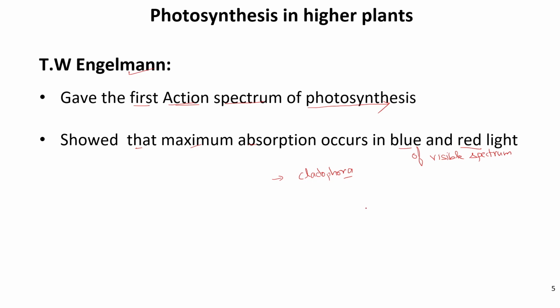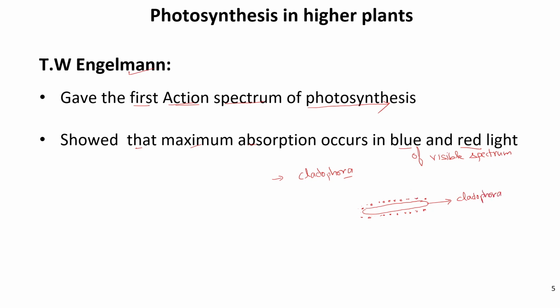So what did he do? He kept this Cladophora in the suspension of aerobic bacteria. So here all around aerobic bacteria was present around this Cladophora. Alright. Suppose this is Cladophora, which is green algae.